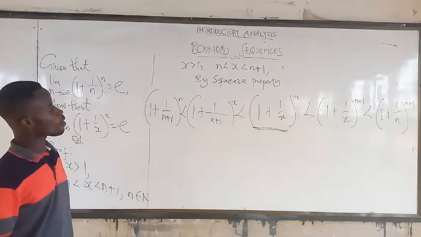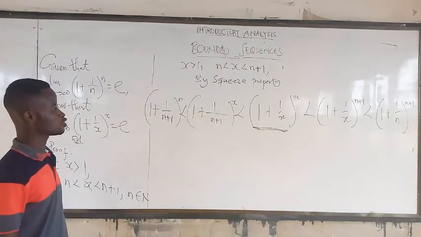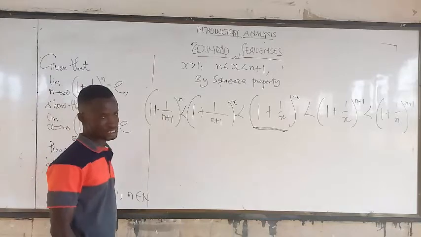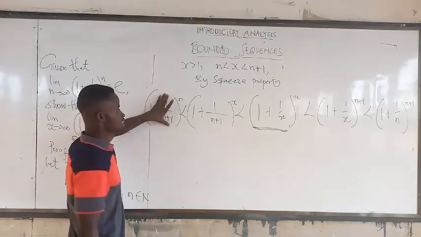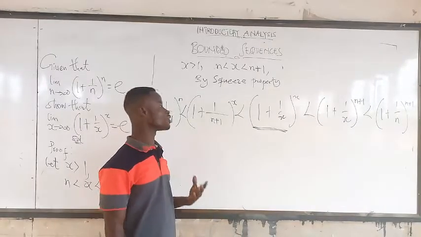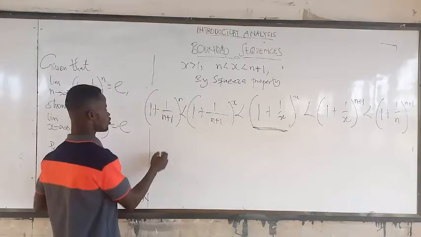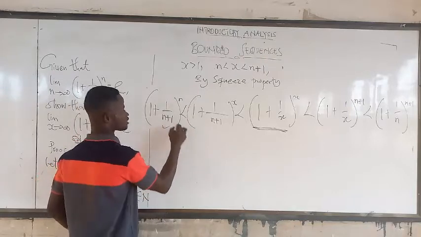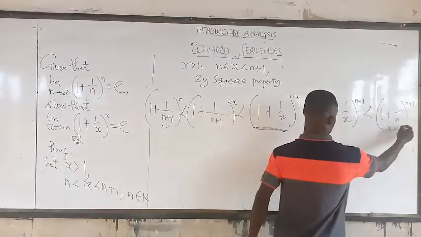So from, or by, squeeze property, we are going to pick the left hand side and the right hand side and prove if it's true. So we are just going to focus on this, and here we focus on that.